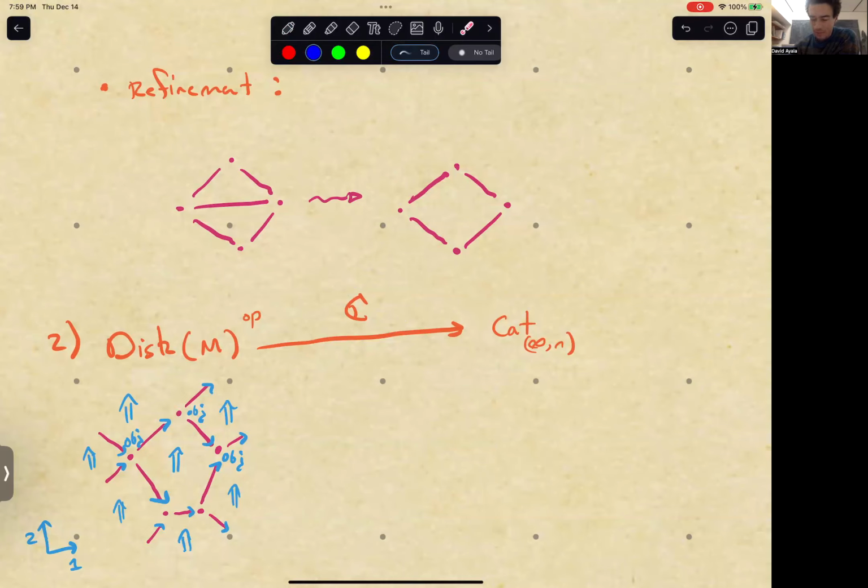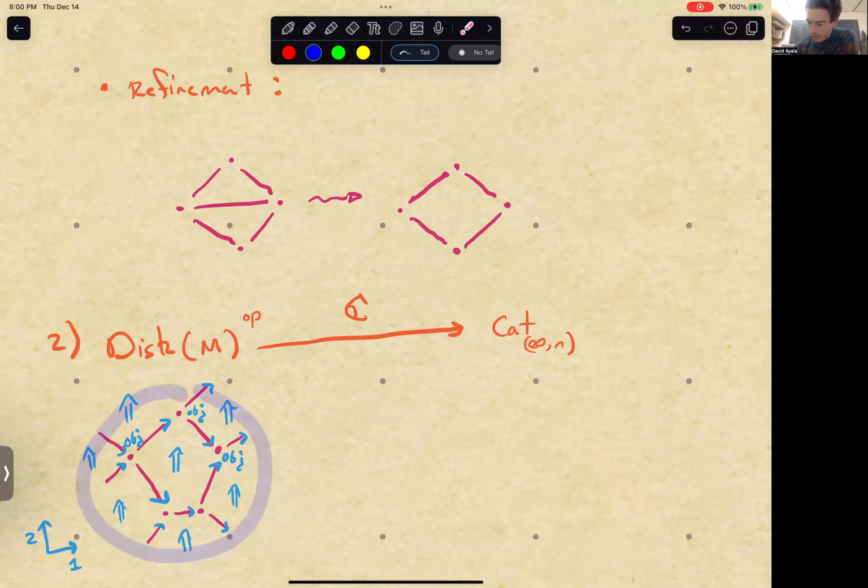There's a slick, so I'll make another remark for the experts: really we construct a functor from theta n, which is known to parameterize infinity n categories. We construct a functor from that into disks. And then the functor C is just a restricted Yoneda functor, and it reports the values as indicated here.